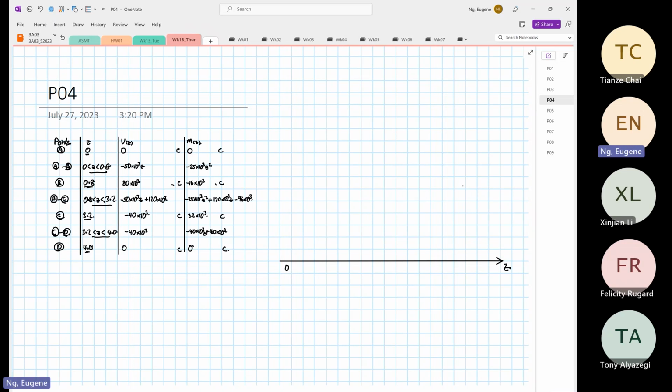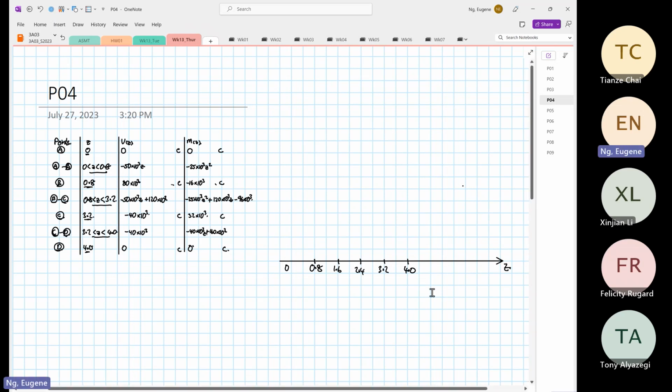So I'm going to use 0.8, 0.8, 1.6, 2.4, 3.2, 3.2. After 3.2 is what? 4.0. Okay, 4.0. So that's our Z.